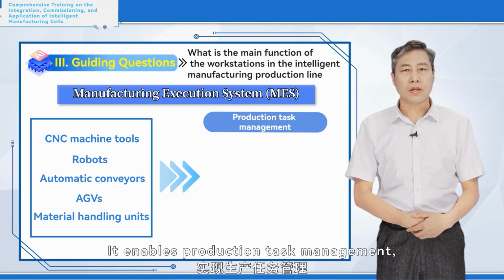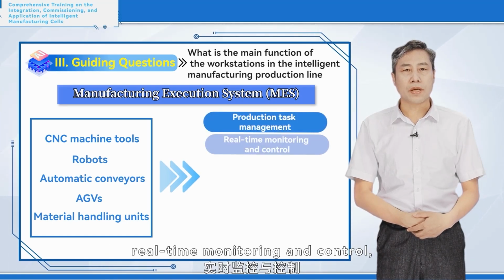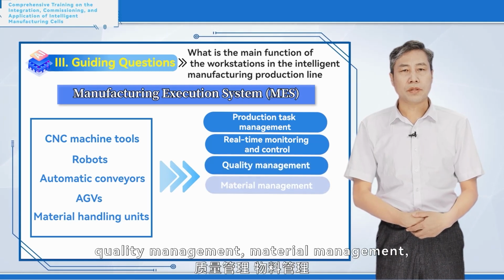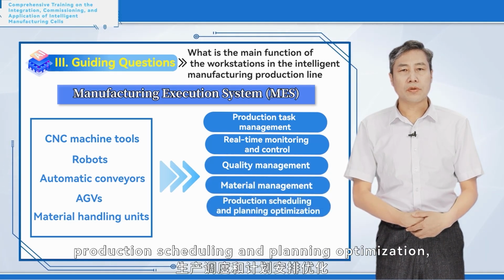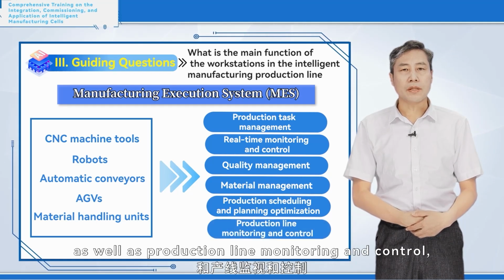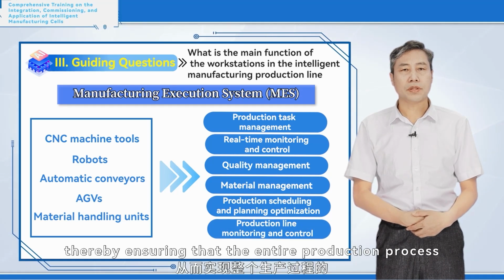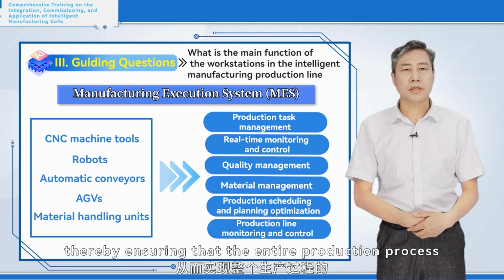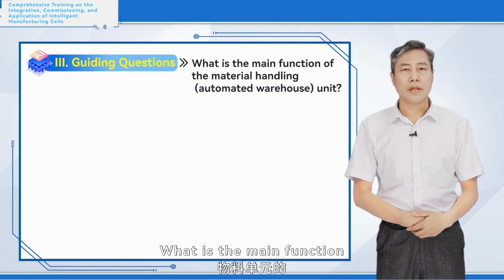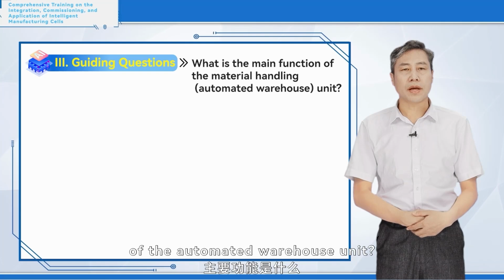It enables production task management, real-time monitoring and control, quality management, material management, production scheduling and planning optimization, as well as production line monitoring and control, thereby ensuring that the entire production process proceeds in an orderly and controlled manner.